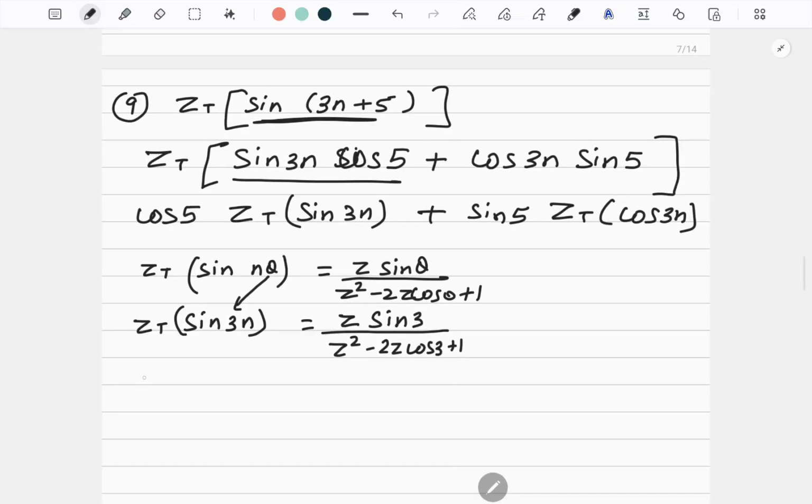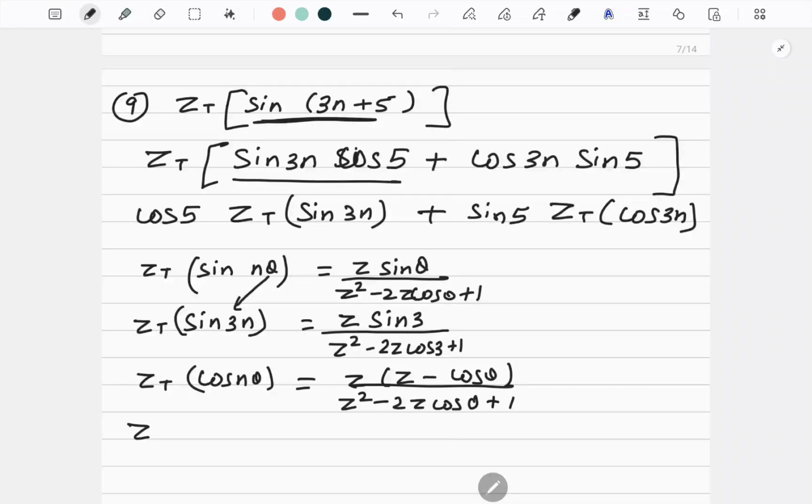Okay. Same way, z transform of cos n theta is equal to z minus cos theta upon z square minus 2z cos theta plus 1. So z transform of cos 3n will be what?